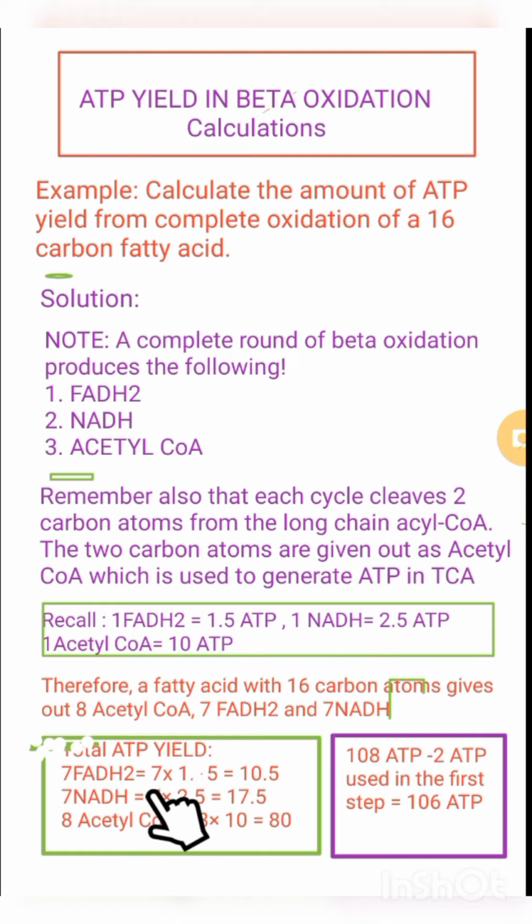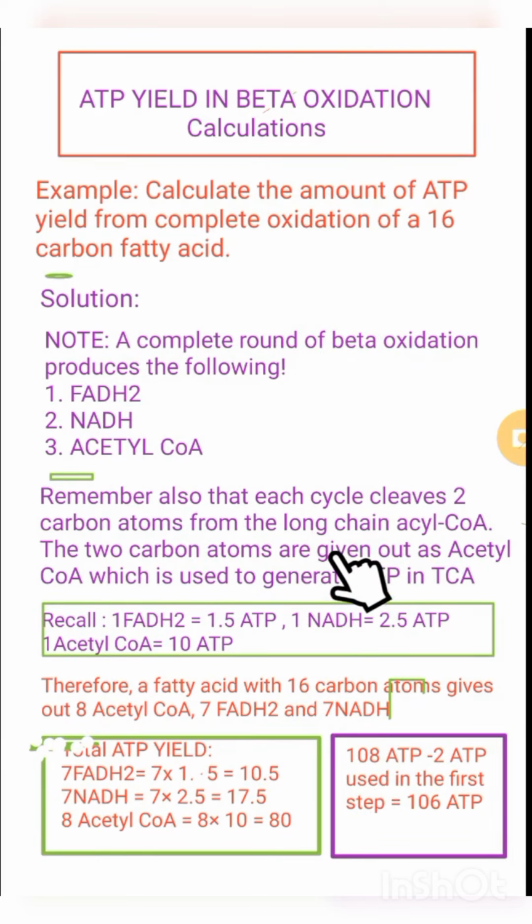And for acetyl-CoA, from the 7 rounds of beta oxidation, you are producing 8 acetyl-CoA: 1 acetyl-CoA per round and 2 for the last round of beta oxidation. So 8 times 10 gives 80 ATP equivalent. Therefore, when you add 10.5 plus 17.5 plus 80, you have a total of 108 ATP molecules produced from this 16 carbon fatty acid.